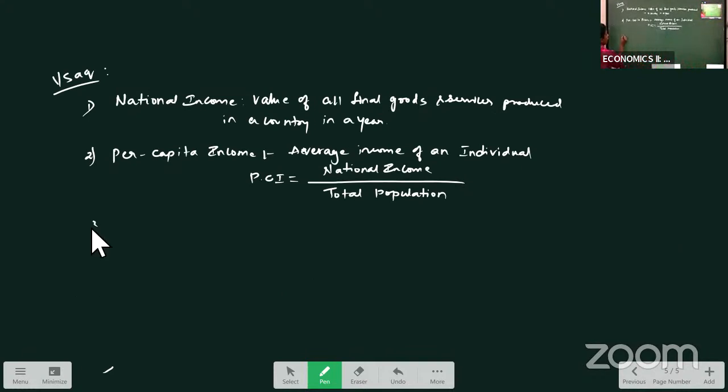Then next you have absolute poverty. What is absolute poverty? I'm not discussing all the types because we have just discussed them.